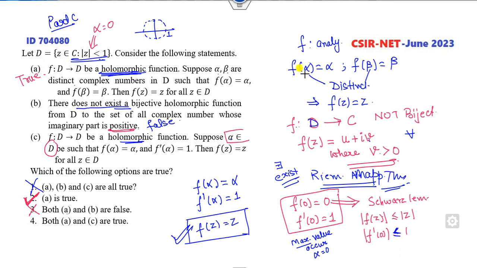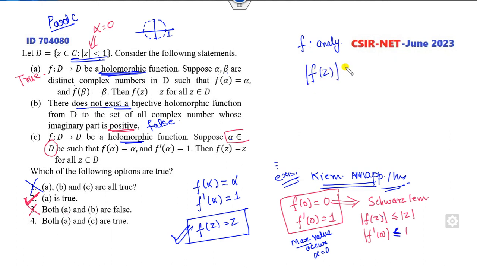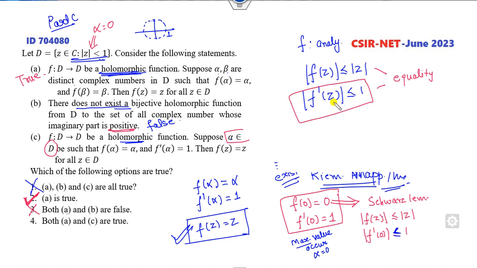Otherwise you can think like this also. If I just clear this one, what is that? Mod f of z is less than or equal to mod z, and the first derivative is 1. And here you can see the equality occurs at this point. So once the equality occurs at this point, the maximum value occurs at this z, which is 0, or the maximum value occurs at this alpha.